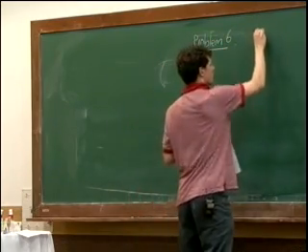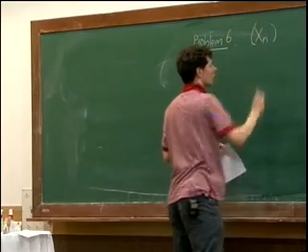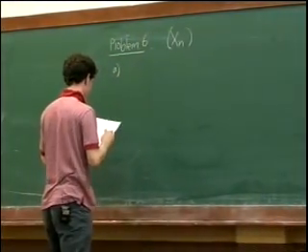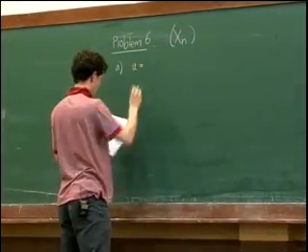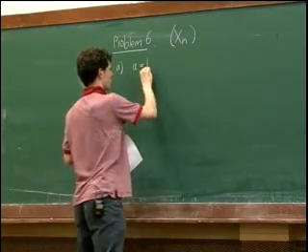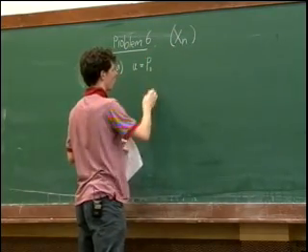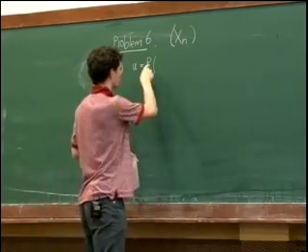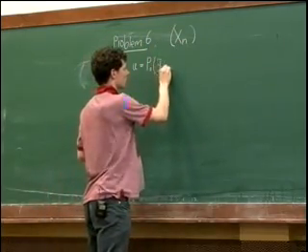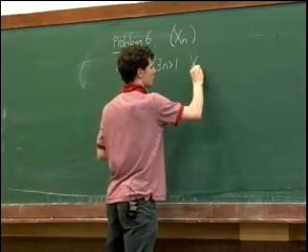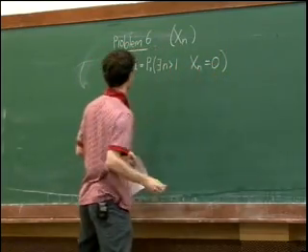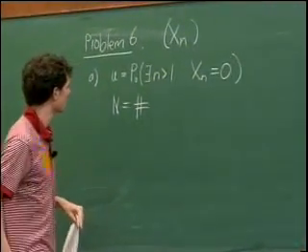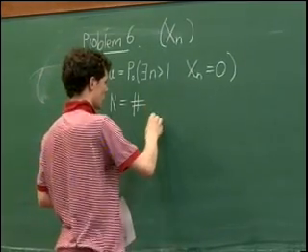Given a simple random walk X_n, part A says: if we denote by u the probability that a standard random walk started at 0 ever returns to the origin, and if we denote by N the random number of visits to the origin.